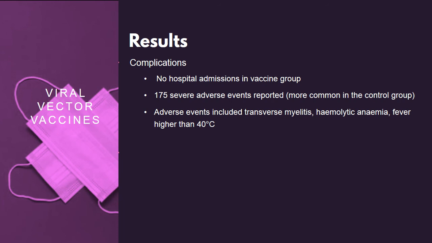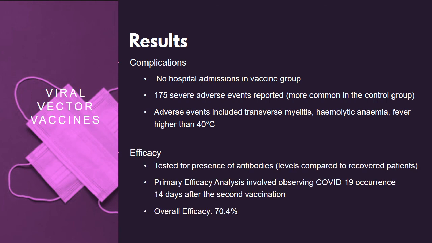Now let us look at the efficacy calculations. To analyze the efficacy of the vaccine, the participants were first screened by testing for the presence of antibodies following the first dose. After the second dose, the efficacy analysis was conducted, which involved observing COVID-19 occurrence 14 days after the second dose.